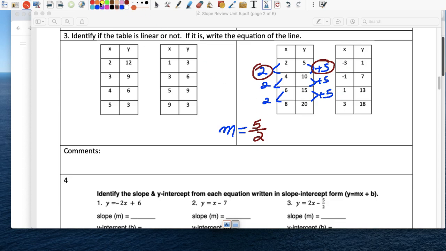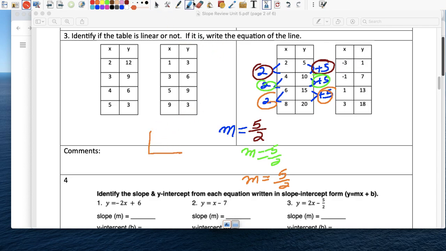Take the second pair, the slope is also 5 over 2. And the last one is also 5 over 2. So the slope is the same no matter which point you took. So definitely this is linear, meaning it's going to be a straight line.